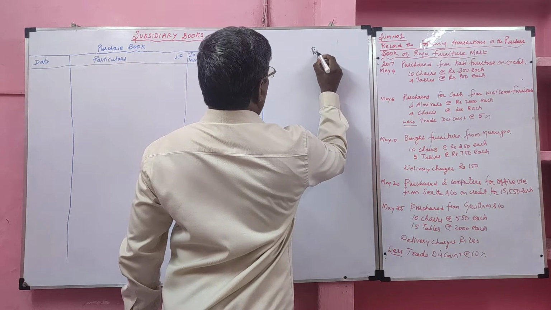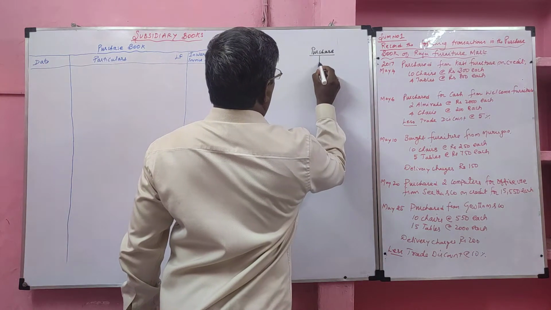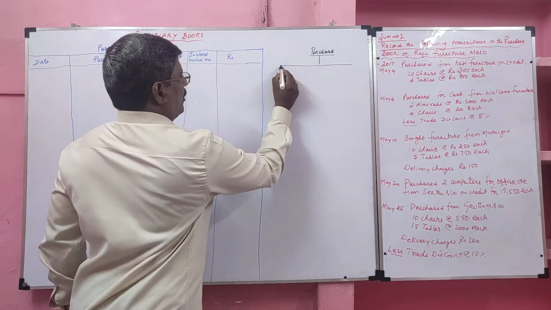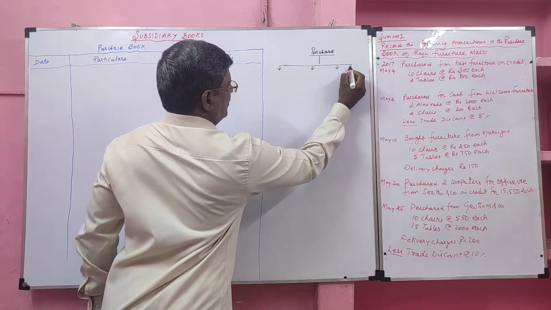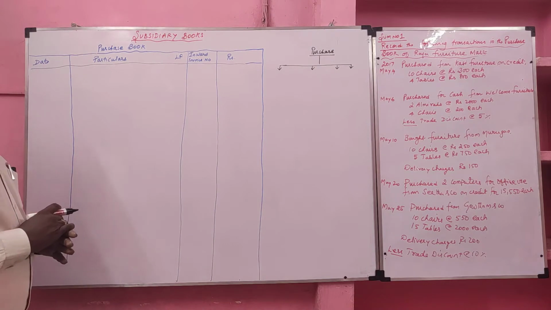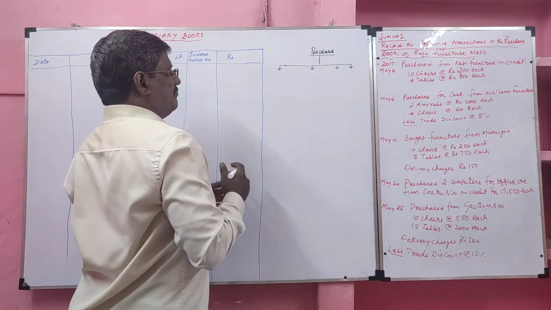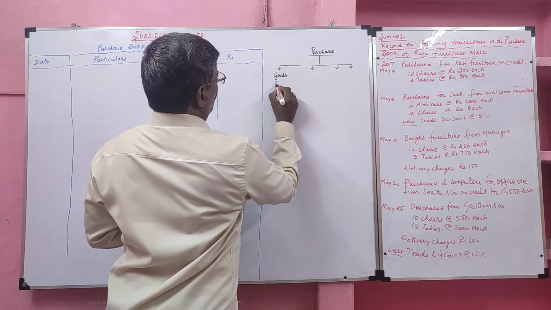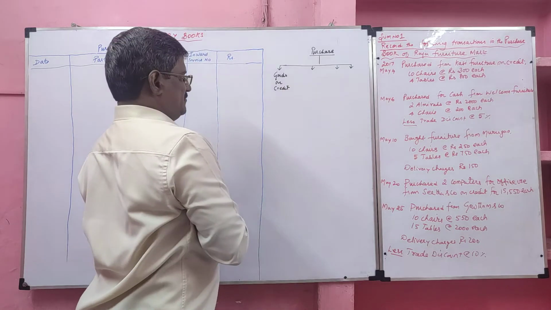Before learning about purchase book, we should know the details about the purchase. A business buys goods on credit terms.